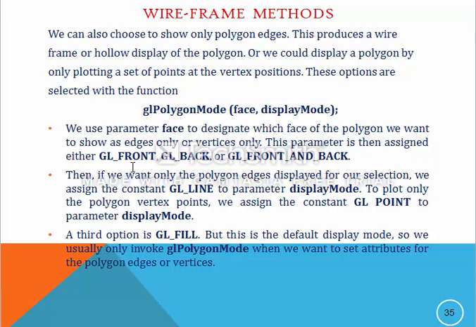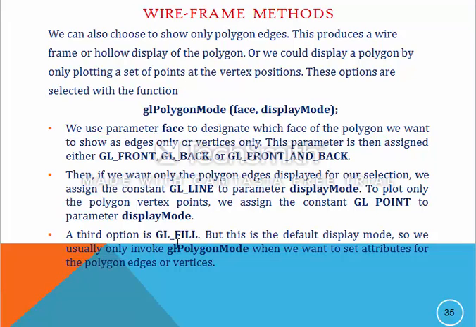Then this parameter is assigned either the front face or the back face or the front and back. Next, if we want only the polygon edges displayed for a selection, we assign the constant line to the parameter display mode. To plot only the polygon vertex points, we assign the constant point to the parameter display mode.